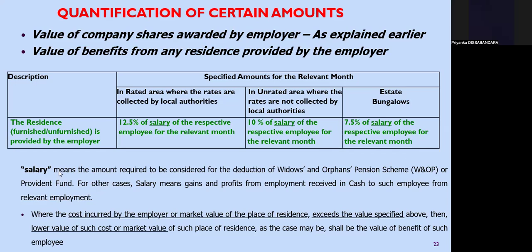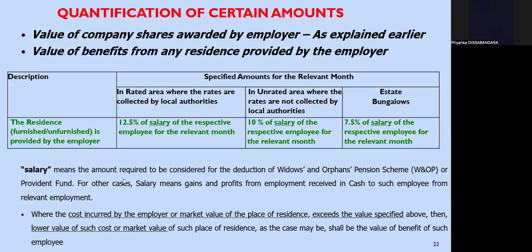That means we have to consider the salary that is considered for the deduction of WNOP or Provident Fund. If it is a private company, we can consider Provident Fund. If it is a government institution, we can consider WNOP. The value we consider for WNOP or Provident Fund is the salary we have to consider for the calculation of this housing benefit.